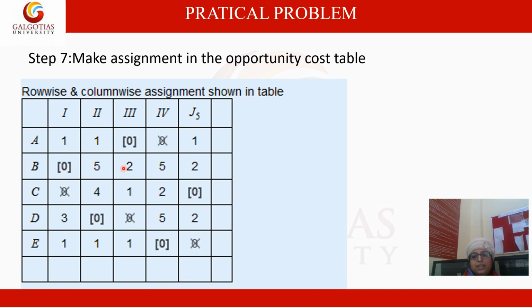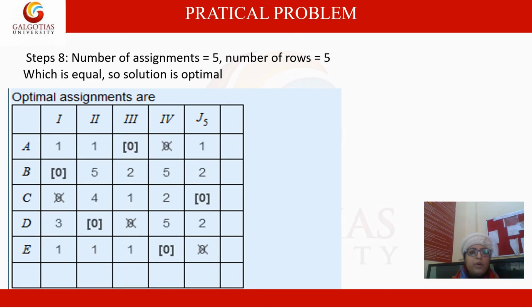So we can assign the elements row wise and column wise in this matrix. The number of assignments, that is 5, is equal to the number of rows. Hence we get the optimal solution because the number of assignments equals the number of rows. So the solution is optimal.